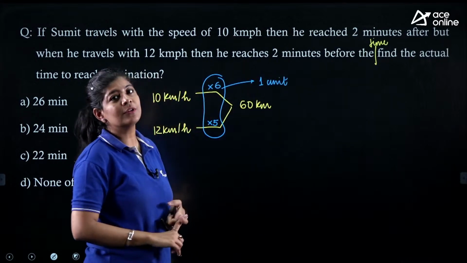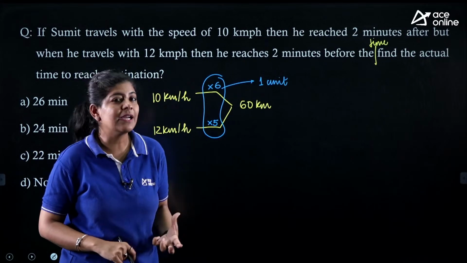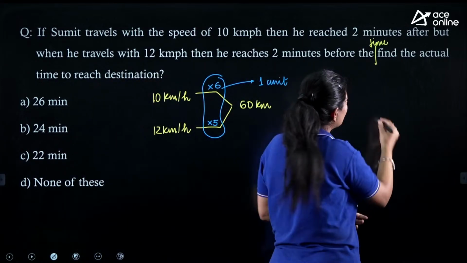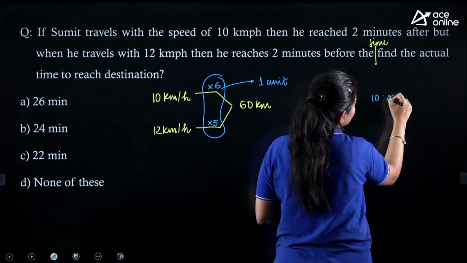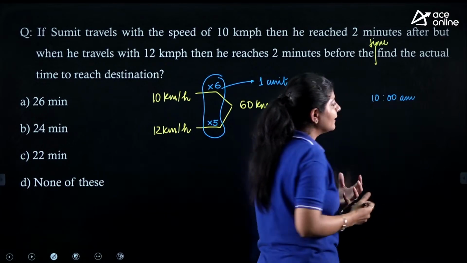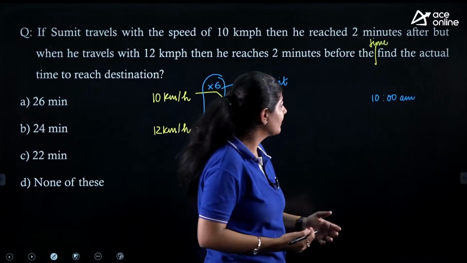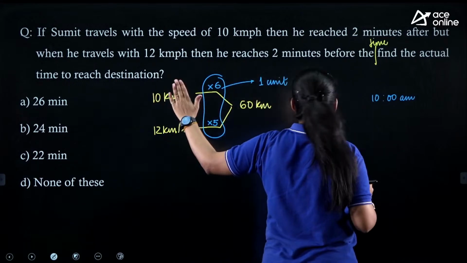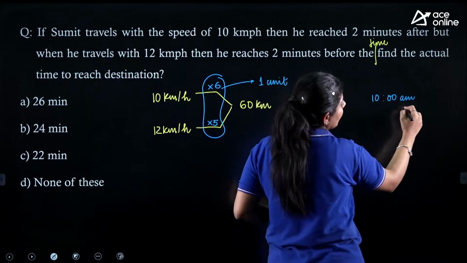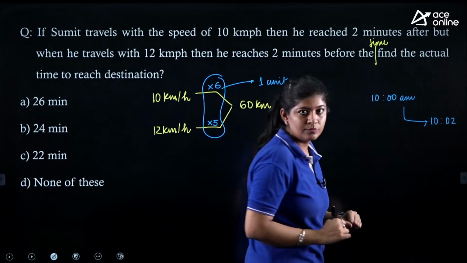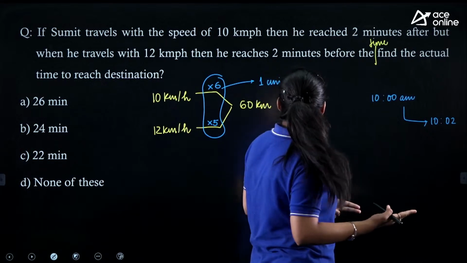But according to the question, how much difference are we getting in the time period? Let's suppose the actual time to reach is 10 AM. The actual time where Sumit needs to reach is 10 AM. But if he is moving with a speed of 10 kilometers per hour, he reaches at 10:02, 2 minutes after.